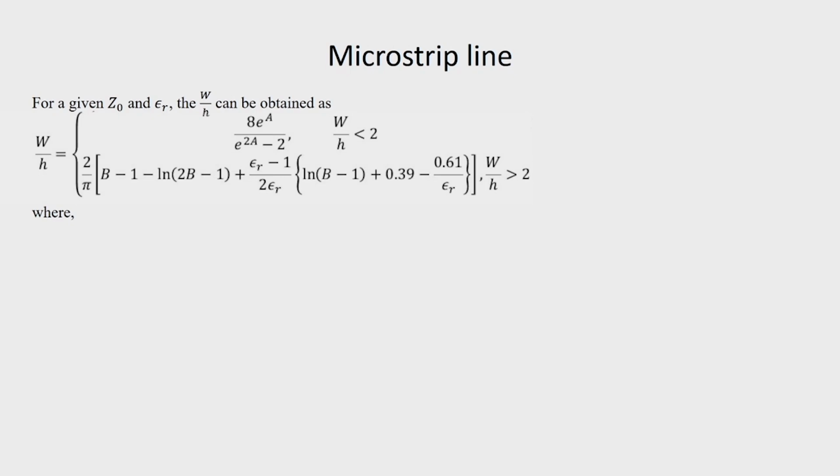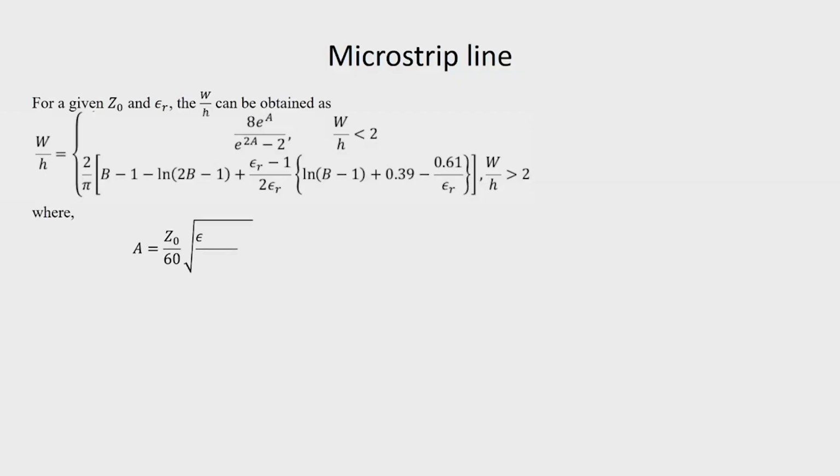W by H greater than 2 means width of the strip is more than 2 times the dielectric thickness, whereas W by H less than 2 is the case where the strip is very narrow.